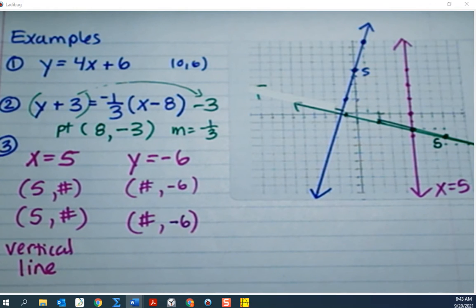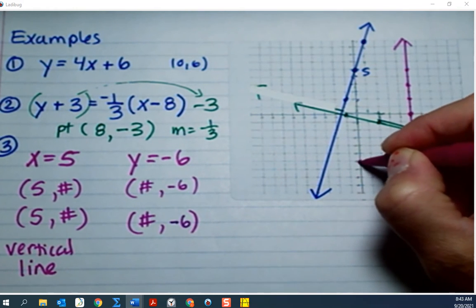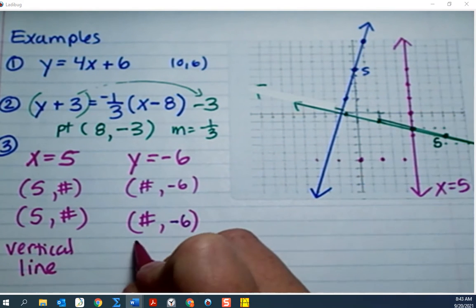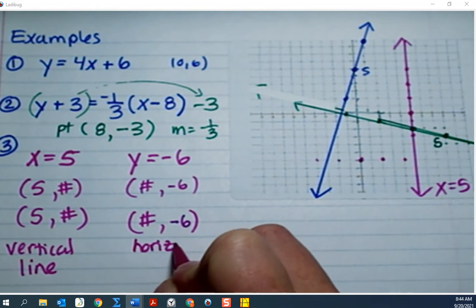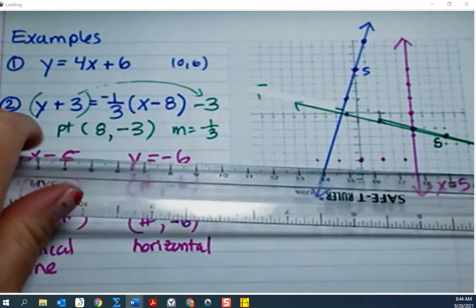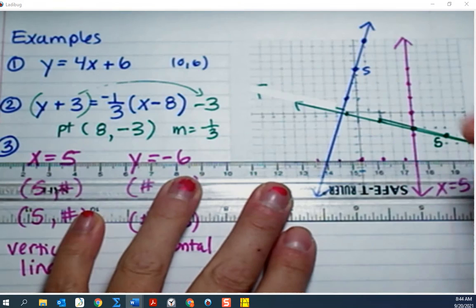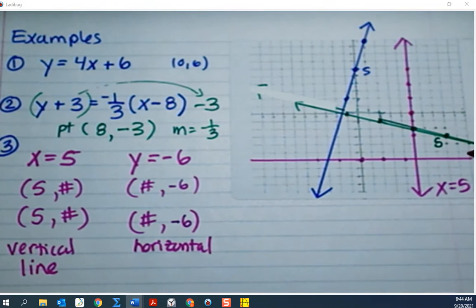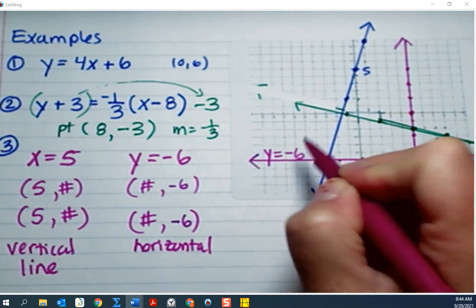There's no way to find it. So -6 is a horizontal line, like the horizon. So it's straight across. This is our horizontal line. So this one is y equals -6.